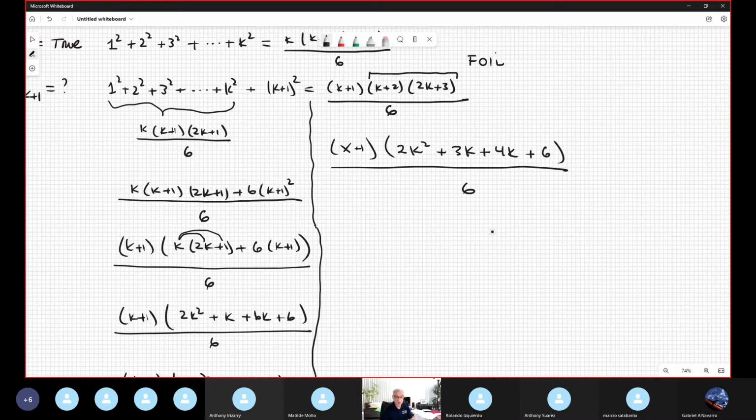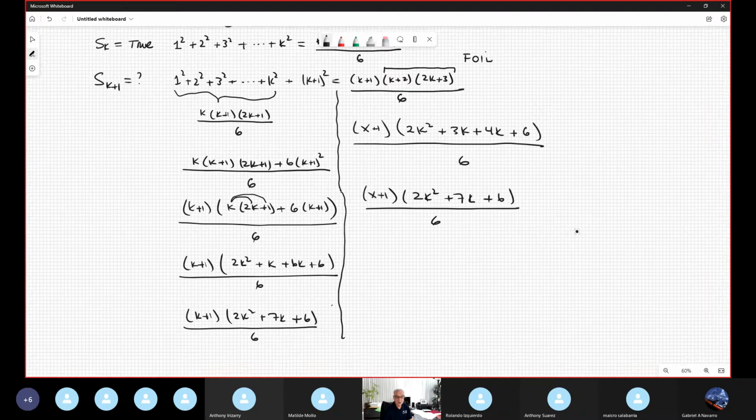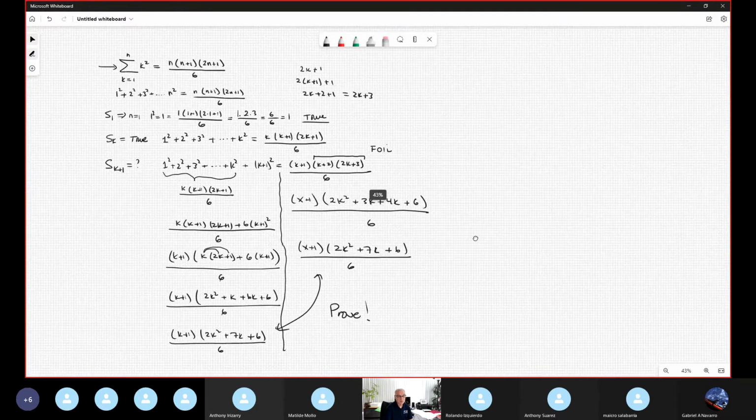And now we combine later. k plus 1, 2k squared plus 7k plus 6 divided by 6. Wow. At that moment, I can see these expressions are the same. Proof. Do you see or no? Sometimes the proof is long, but it's just elementary algebra. Clear or confusing?